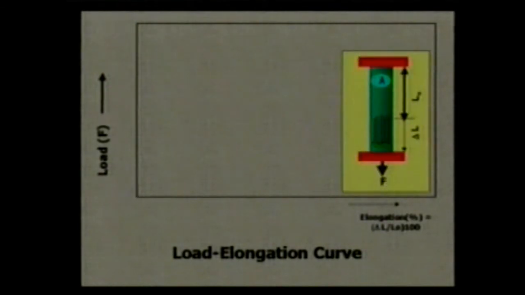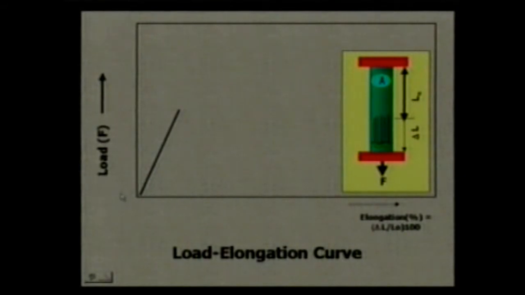Typically speaking, most of our material will exhibit a linear trend in the initial stage of stretching. So as we stretch the material, initially speaking, we will get a linear trend that is almost a straight line. Now that straight line may be very short, may be very long.